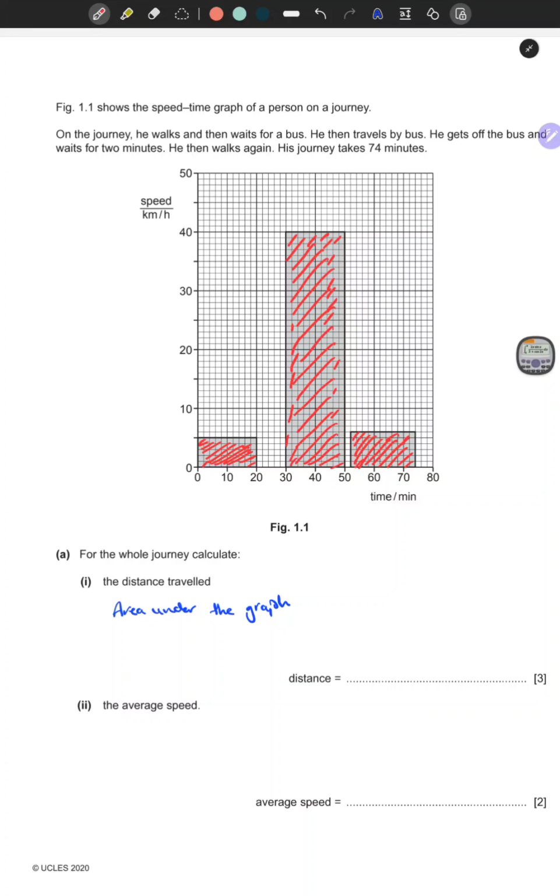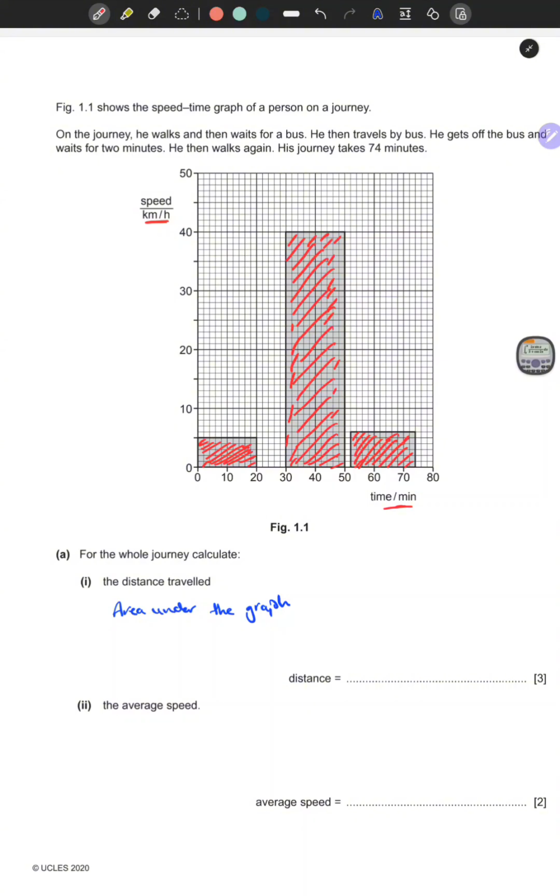Finding the area here, there is something I have to pay attention to. The speed here is in kilometers per hour and the time here is in minutes, so I need to change one of them.